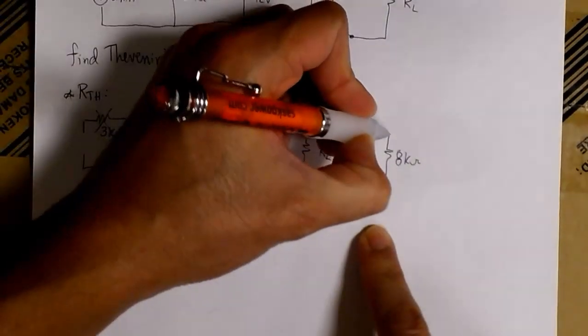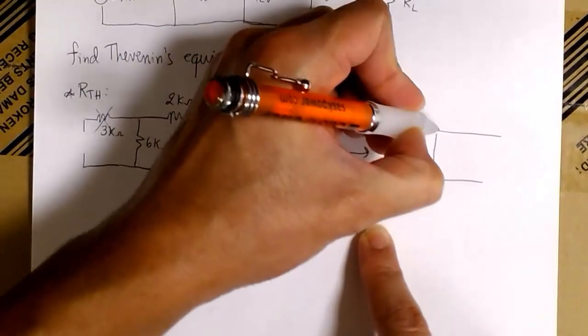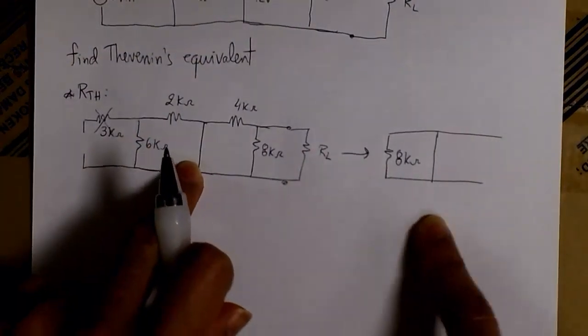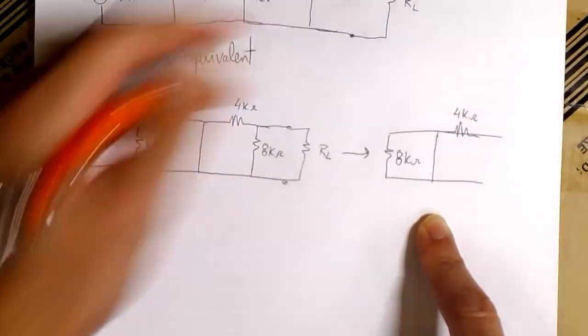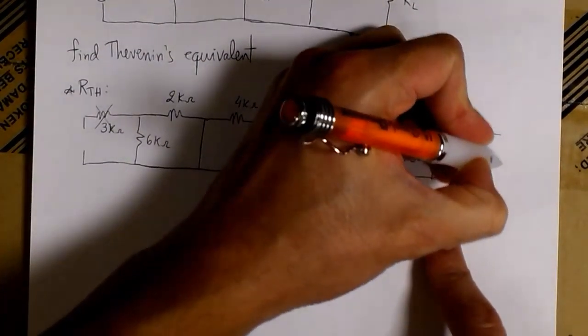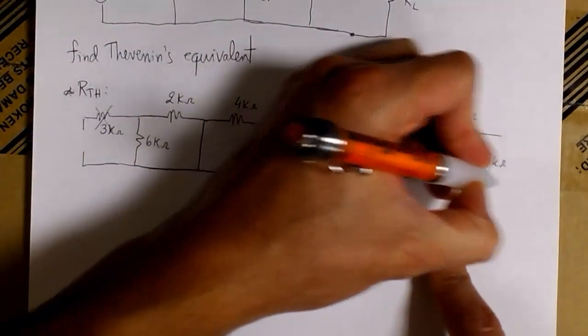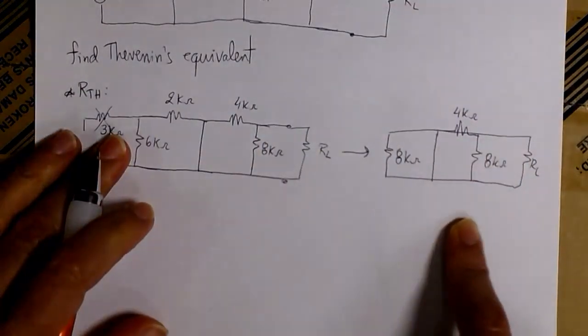That is 8K. Now we have the short circuit there. Then we have the 4K here and the 8K over there. And don't forget about the load.